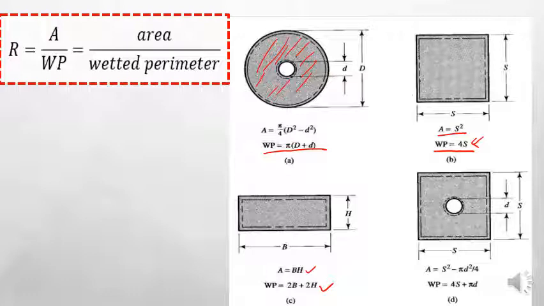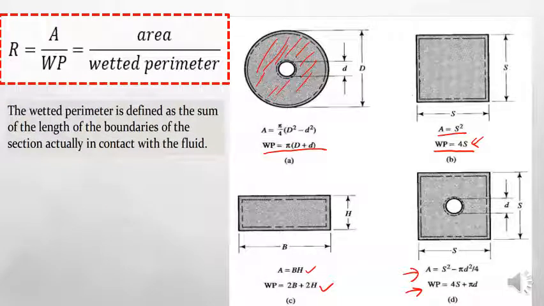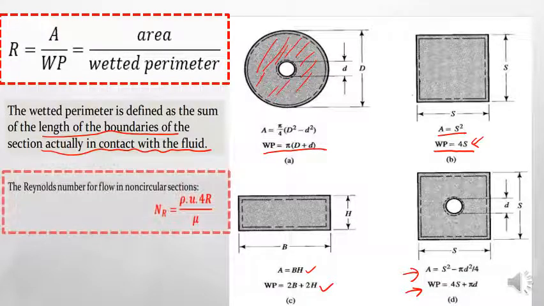This is the way to calculate the area and the wetted perimeter. So what is wetted perimeter? Wetted perimeter is basically defined as the sum of the lengths of the boundaries of the section actually in contact with the liquid or fluid.